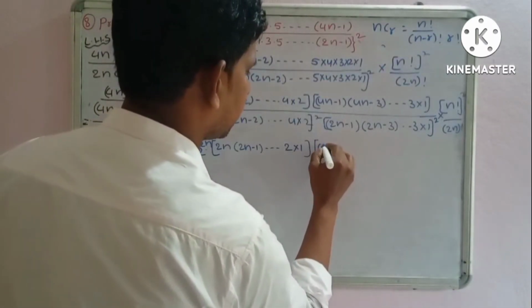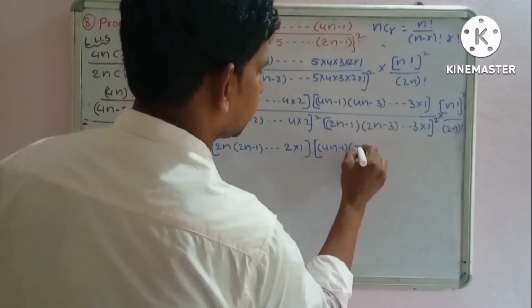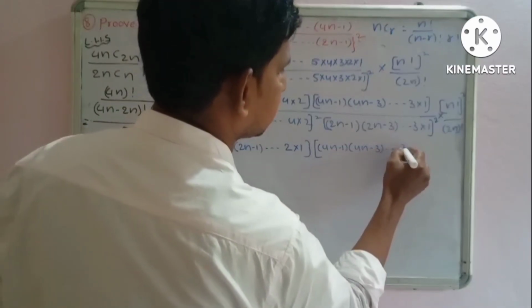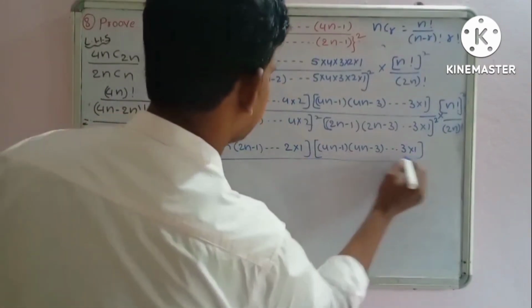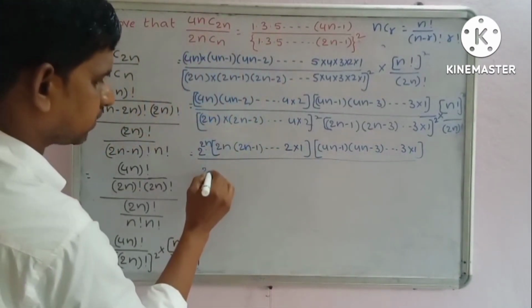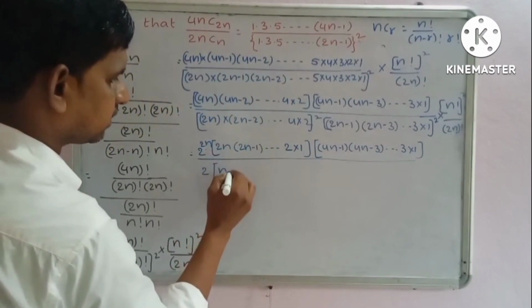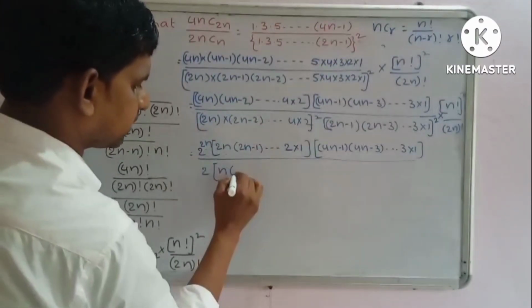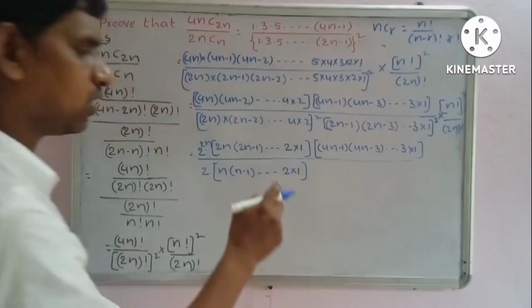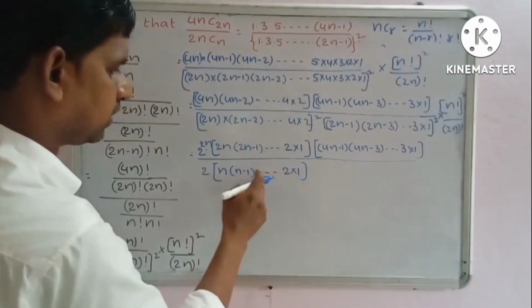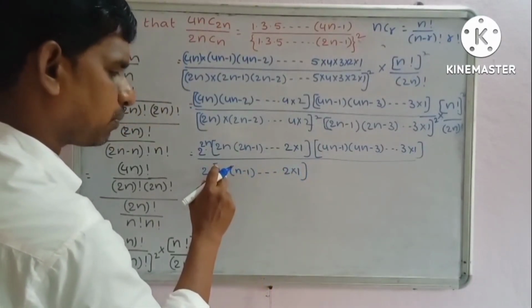Into 4n minus 1, 4n minus 3, and so on up to 3 into 1. By the denominator, also take 2 as common. Take 2 as common from n, n minus 1, and so on. So how many 2's are there? 1, 2, 3, 4, 5, and so on up to n.